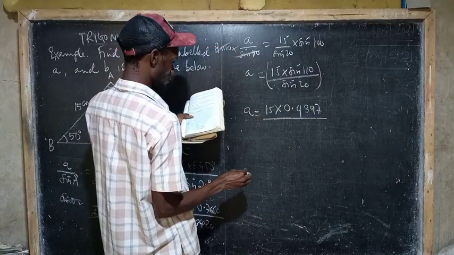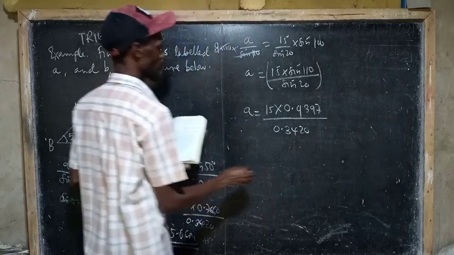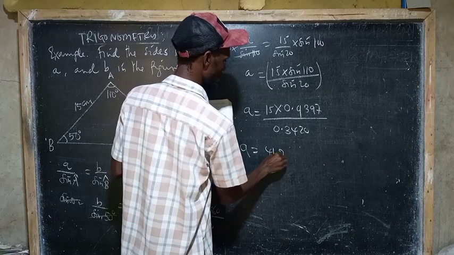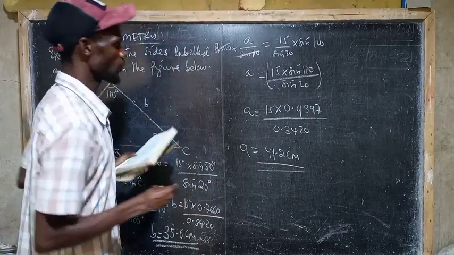Tunagawanya kwa sin of 20 ambao ni 0.3420, ambao tukifanya multiplication hapo tutapata it is 41.2 cm baada ya kufanya approximation to 1 decimal place.